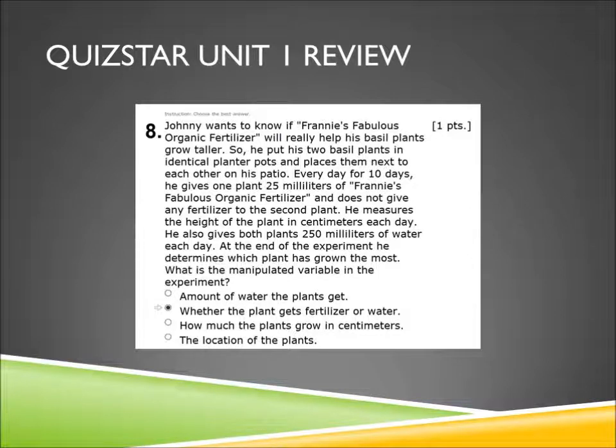Every day for 10 days, he gives one plant 25 milliliters of Franny's fabulous organic fertilizer, and does not give any fertilizer to the second plant. He measures the height of the plant in centimeters each day. He also gives both plants 250 milliliters of water each day. At the end of the experiment, he determines which plant has grown the most. What is the manipulated variable in the experiment? That manipulated variable is whether the plants get fertilizer or water.